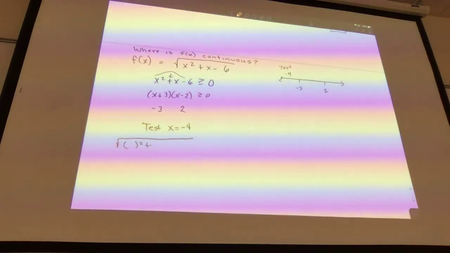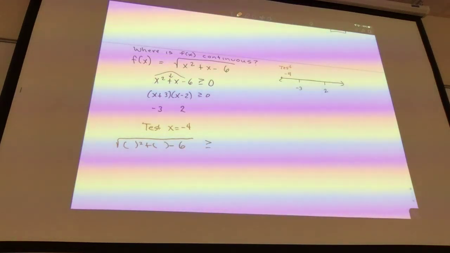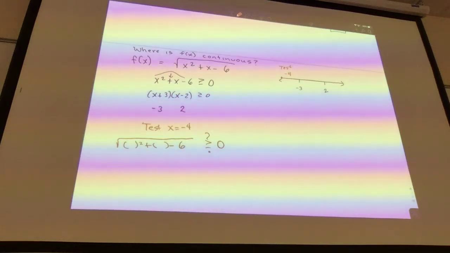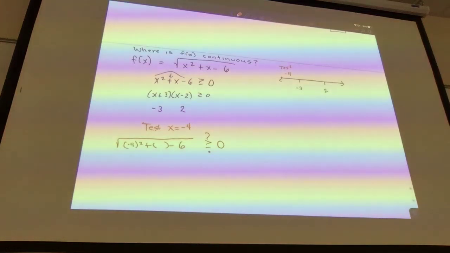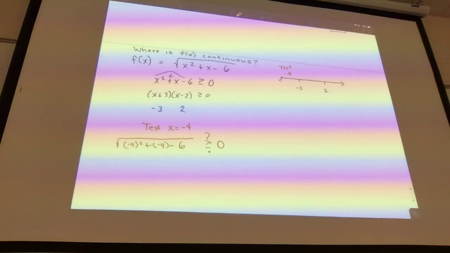Everywhere there's an x, I want to plug in negative 4 and see if the result is greater than or equal to 0. I'm plugging it into the whole function, trying to see whether my answer will be greater than or equal to 0.